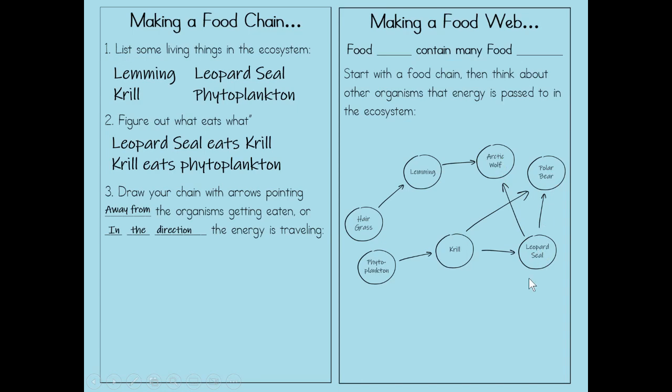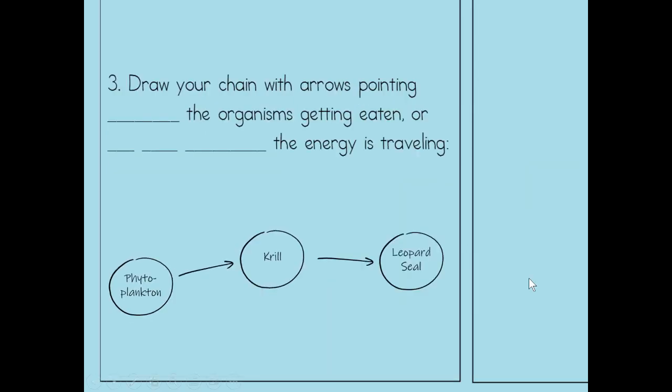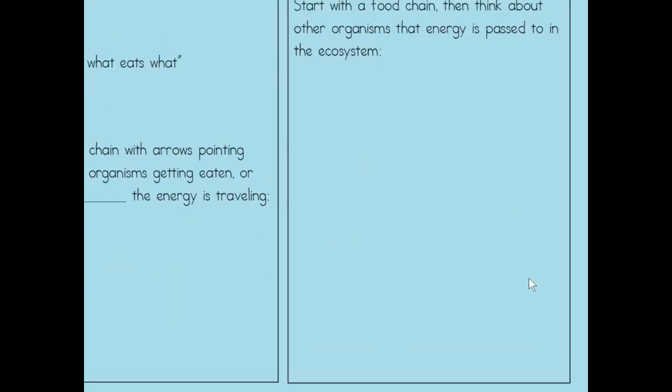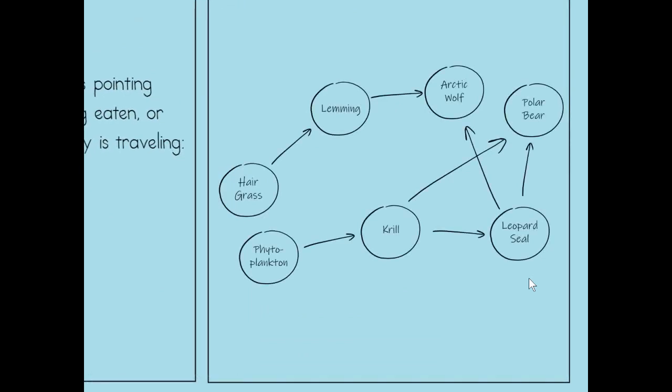So, energy will be passed on to those organisms. Then, you can see I incorporated my lemming, because the Arctic wolf is an organism that might eat the lemming. And then the lemming would eat hairgrass, right? And so the energy flow would be from the hairgrass to the lemming to the Arctic wolf.